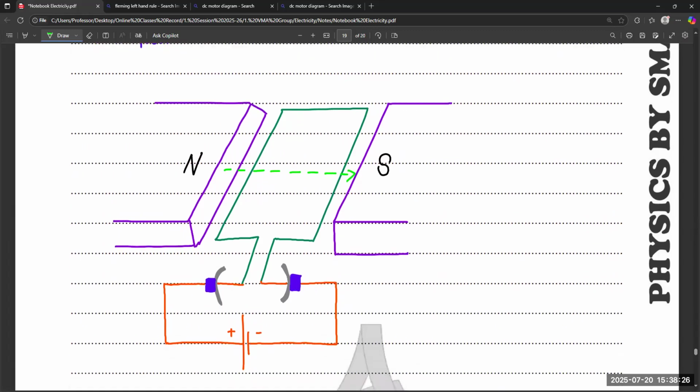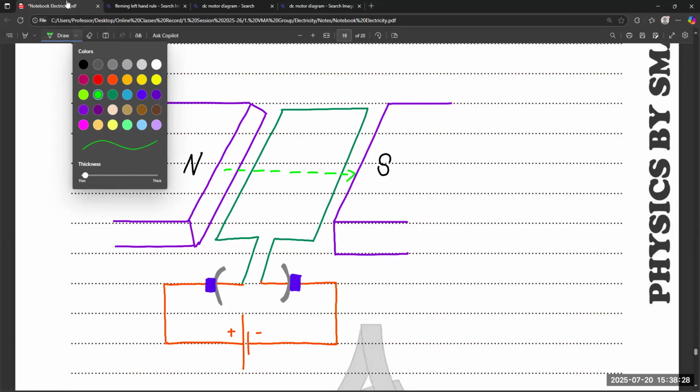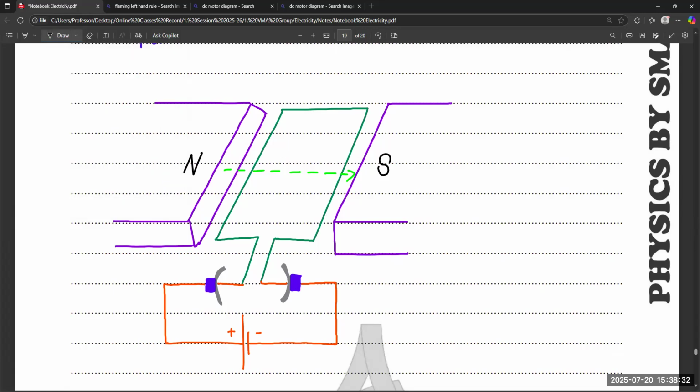Now, to identify the force, let's consider only one side of the coil first. If you consider this coil, there is an axle in the middle, just like a fan.